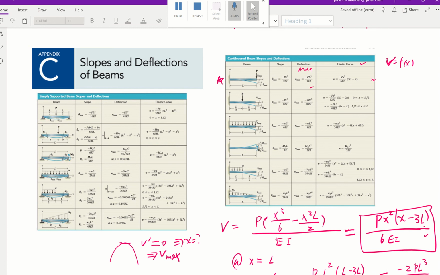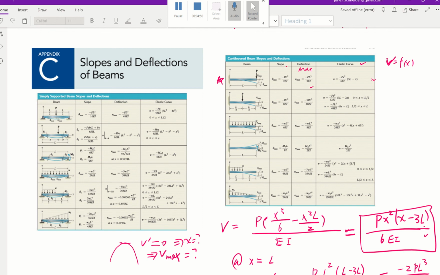Then you know where exactly on the beam you see the maximum deflection. Knowing that location, you put x in here, then you can find v max. So that's one way to get around it when the maximum deflection is not that obvious, but you can still do it. Okay, now let's look at this first column here.